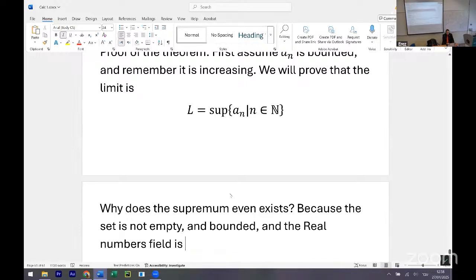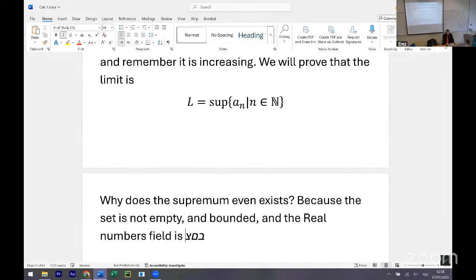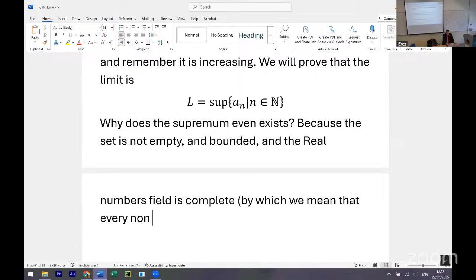But in any case, the real field is complete, by which we mean that every non-empty bounded set has a supremum.